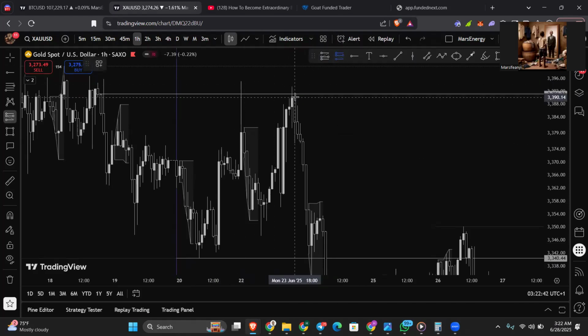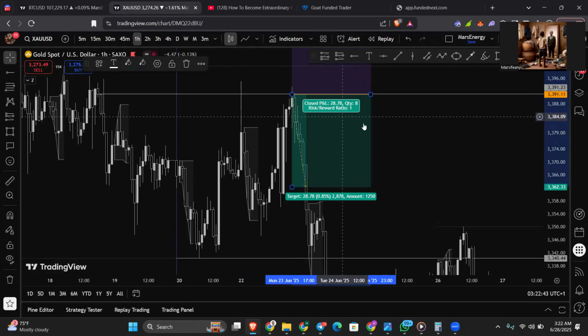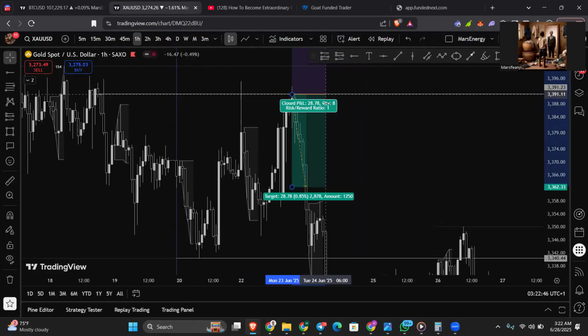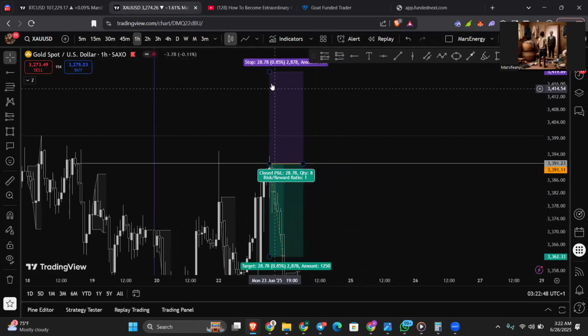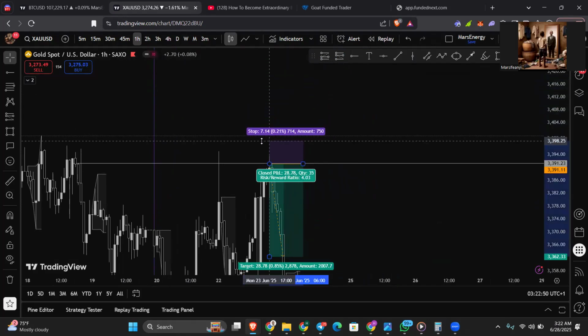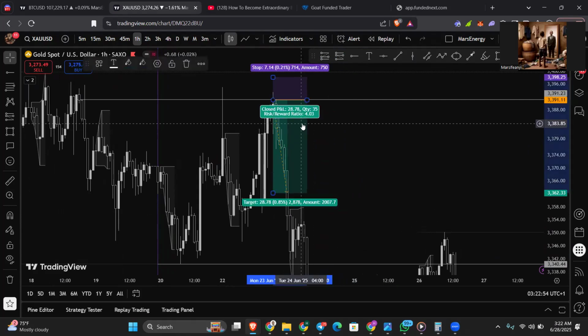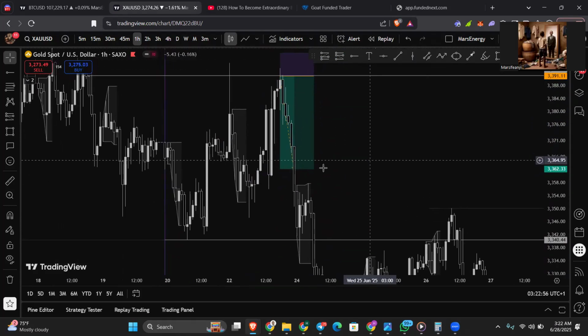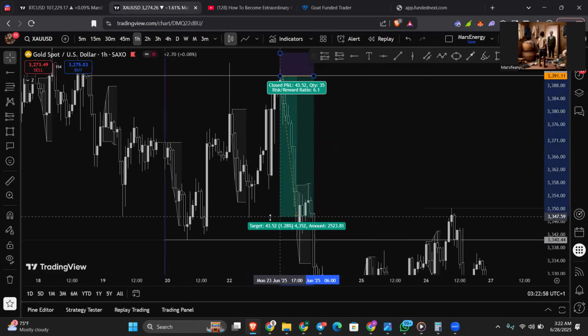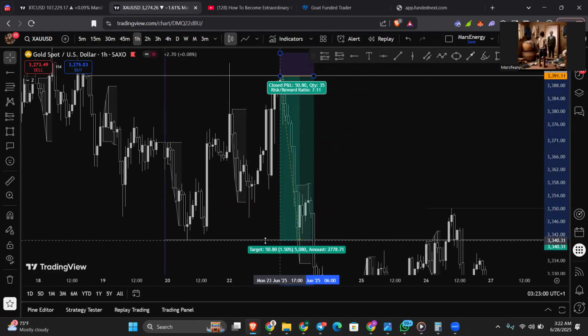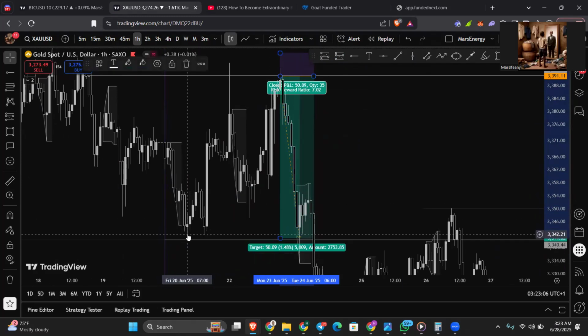If you missed the first entry, this is another entry you should have gotten in, using the LCLK. Then depending on your risk to reward ratio, you can do 1:3, 1:5, or just try to take out the next low, because remember this is the Friday low.